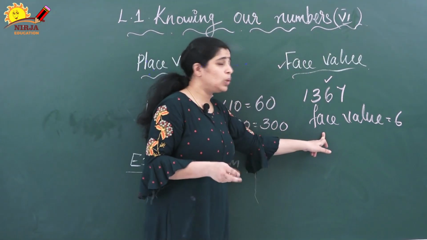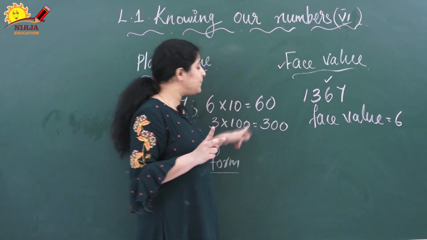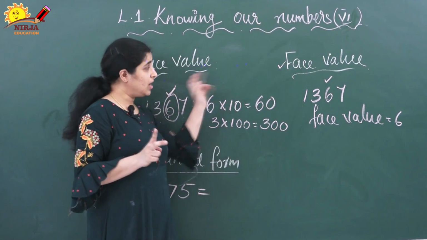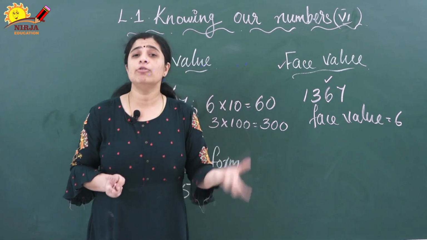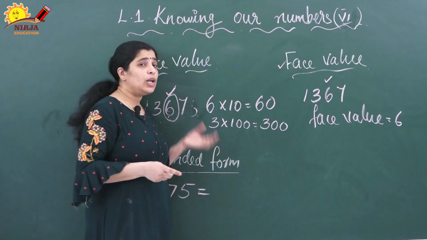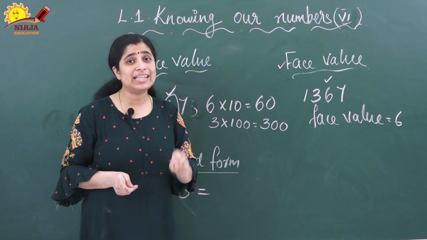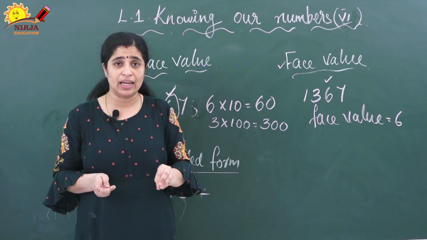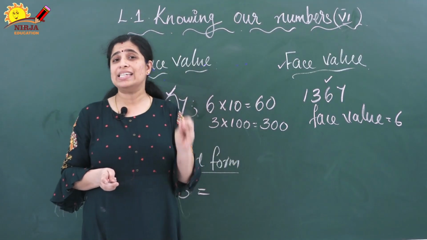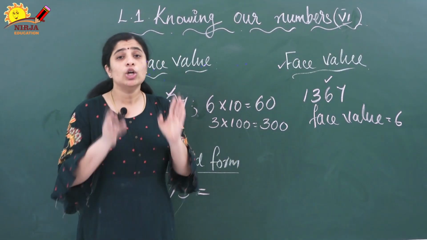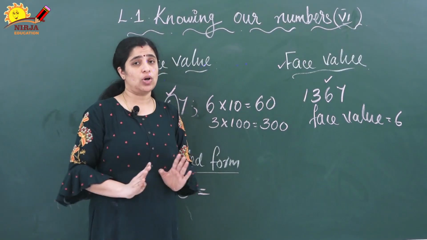That is the difference between place value and face value. In place value you have to consider the place in which the digits are lying, but in face value no need to consider the place. You have to write the digit only.